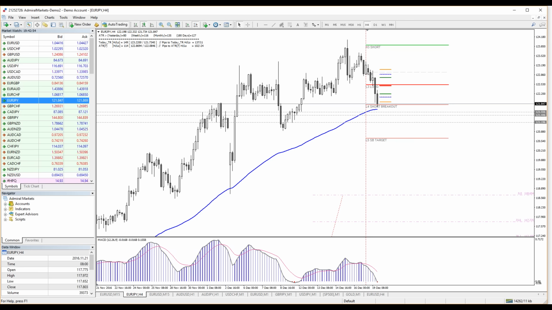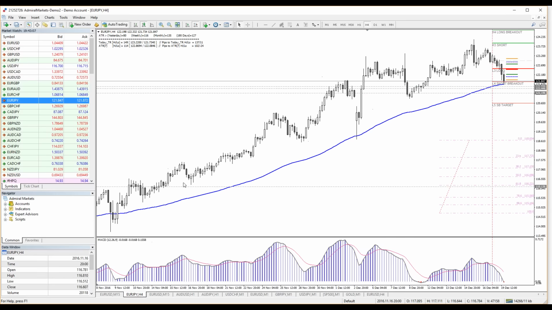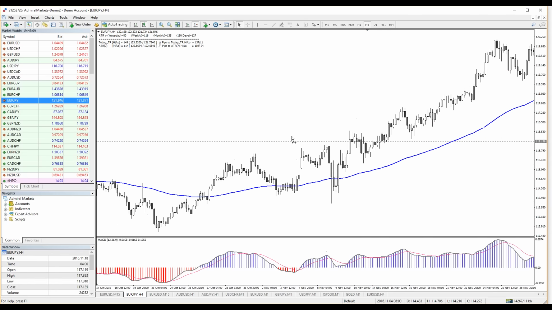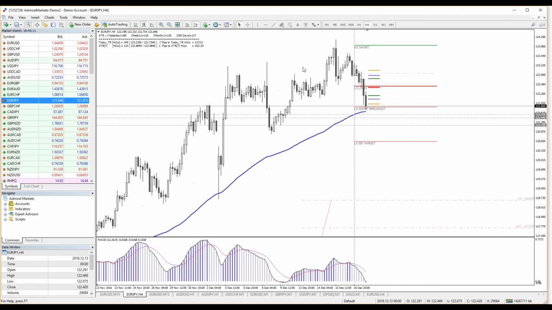Stop loss is 111.95. 122.50 is the target. This looks like an uptrend really. See, 4-hour time frame. So it could be a retracement, although a little deeper one, and then spike to the upside.